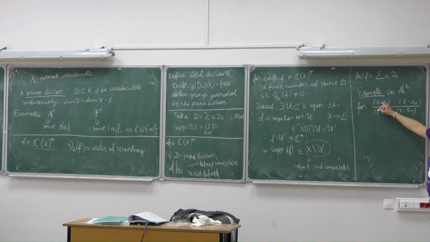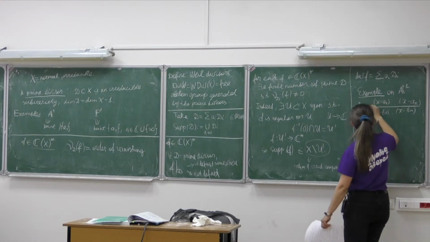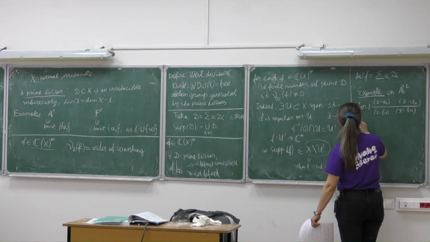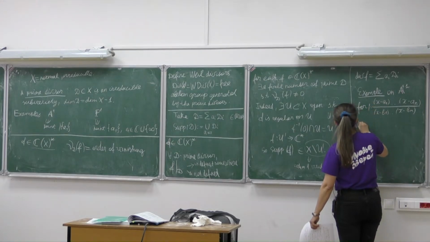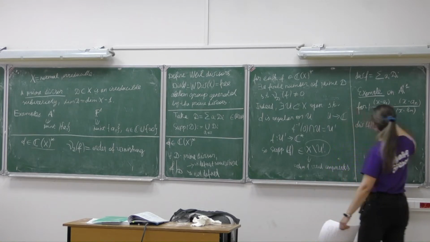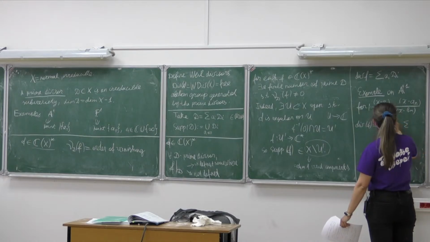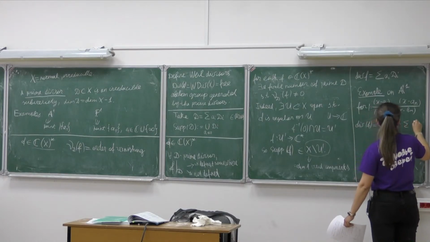We take all these a with plus and all these b with minus. So we say that the divisor of f will be equal to the sum of a_i, if they repeat we just take them with multiplicities, minus the sum of b_j.